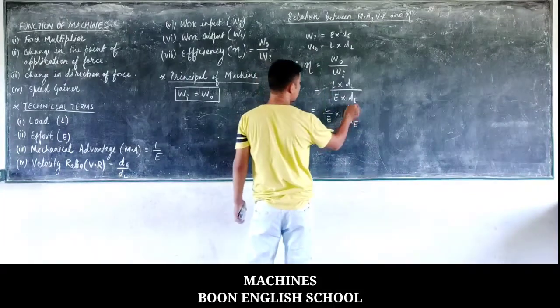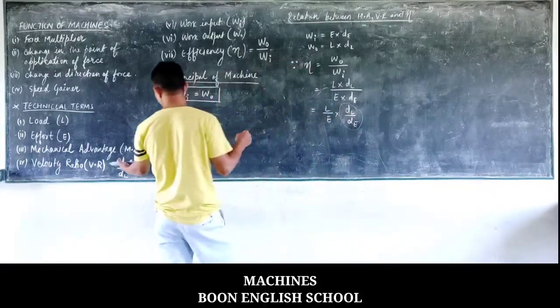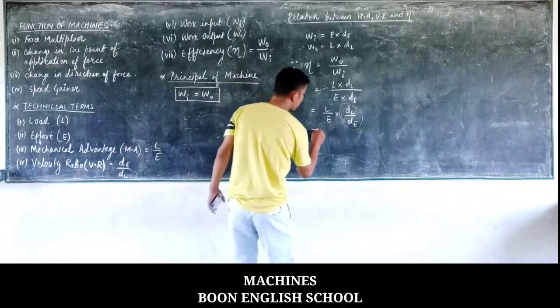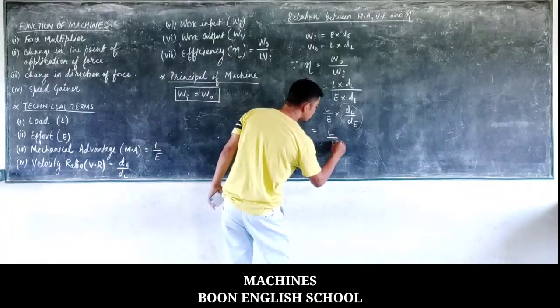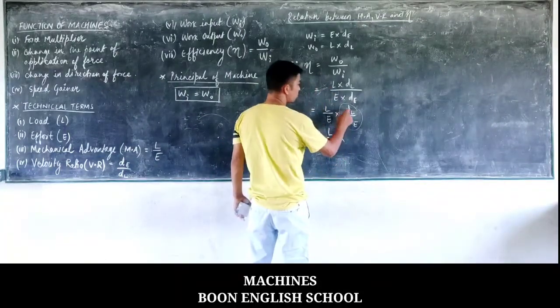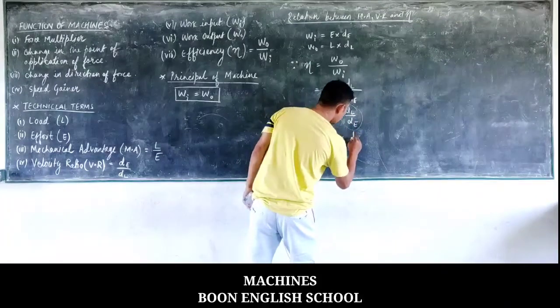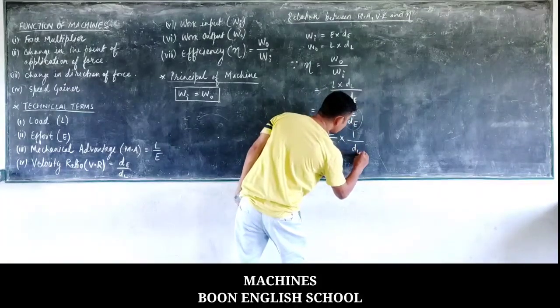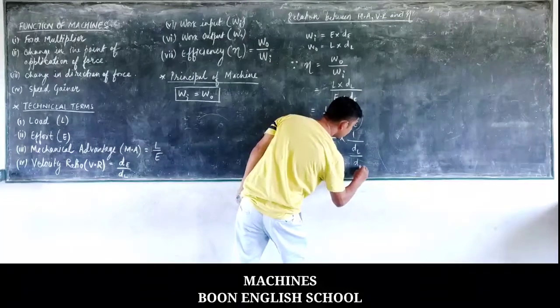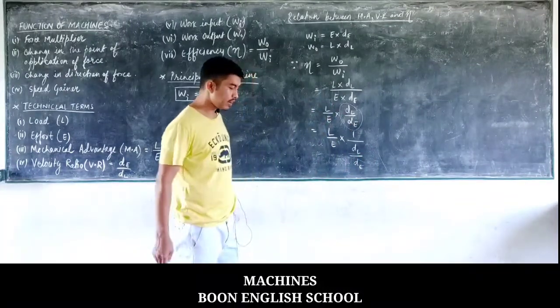Now to bring this into the form of the velocity ratio, dE divided by dL, what will I do? I will write L divided by E into 1 divided by dE divided by dL, since I am taking a reciprocal.